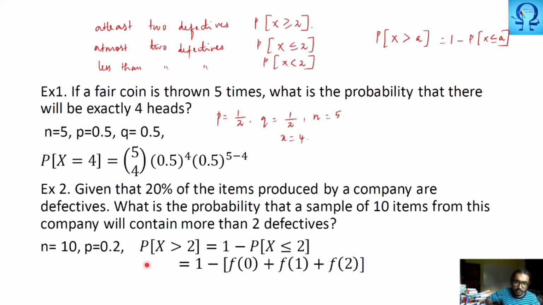If we substitute these values in the formula, that is, nC0 p to the power 0 q to the power 10 minus 0, plus nC1 p to the power 1 q to the power 10 minus 1, plus nC2 p squared q to the power 10 minus 2, and we know that p is 0.2 and q is 0.8, which is implied from this, right? If you just substitute these values, you will get this done.